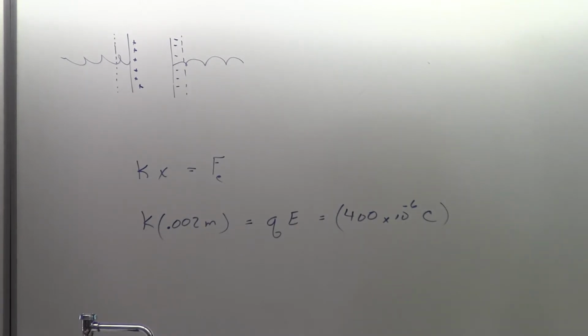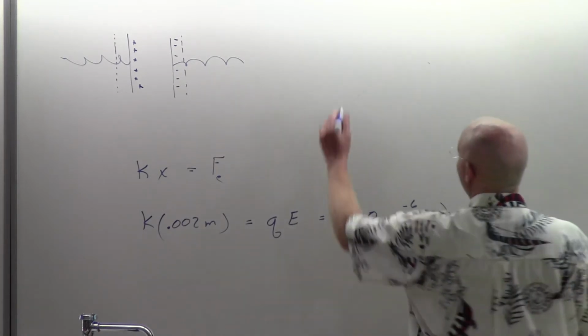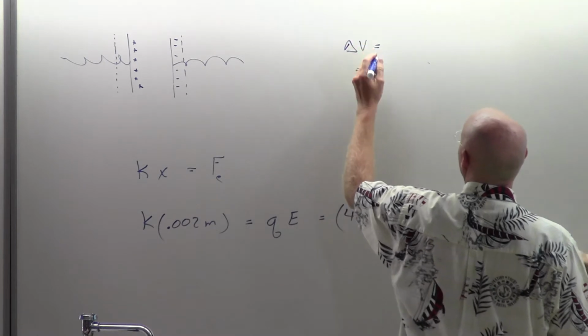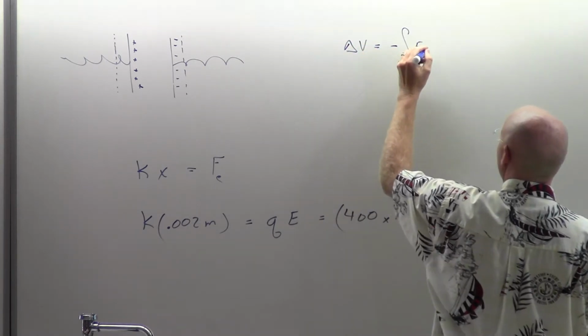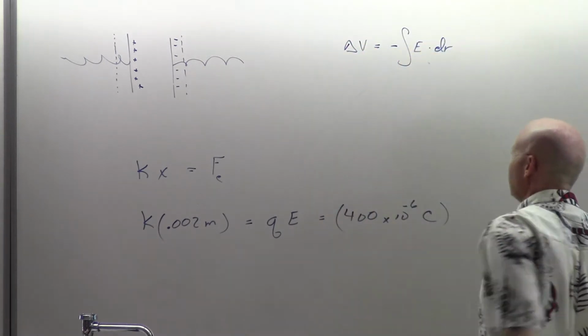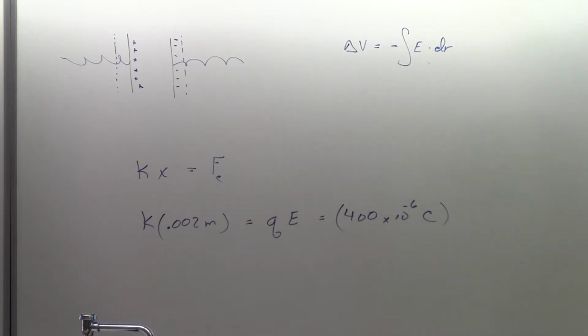What's E? Gaussian surface. Right? There's our change in voltage.